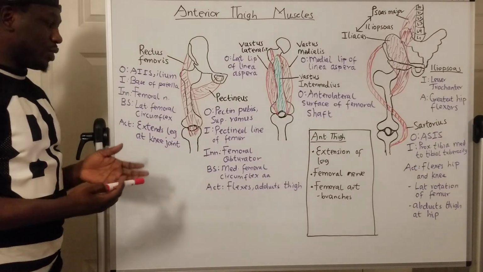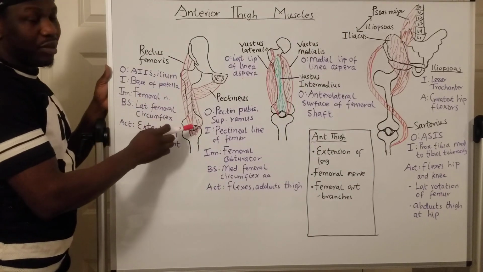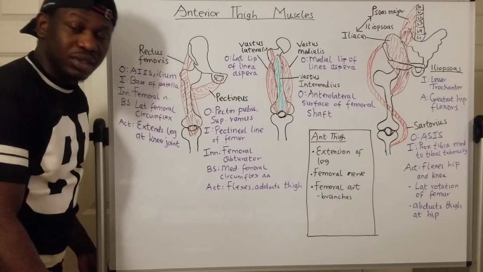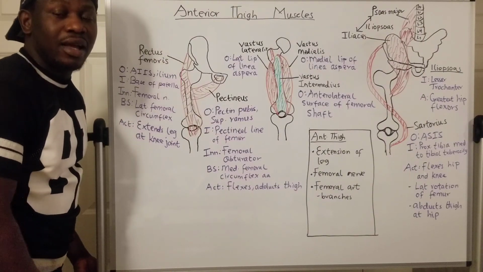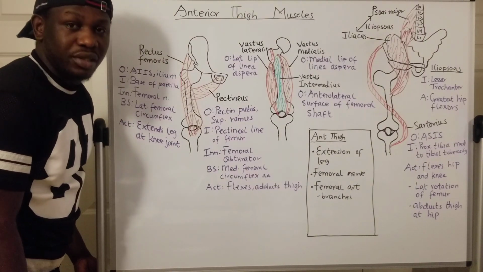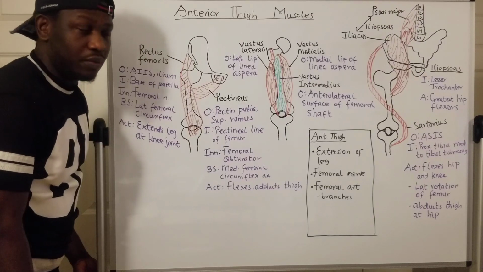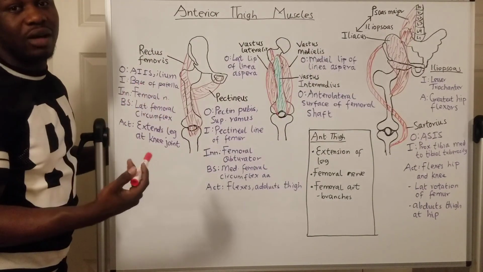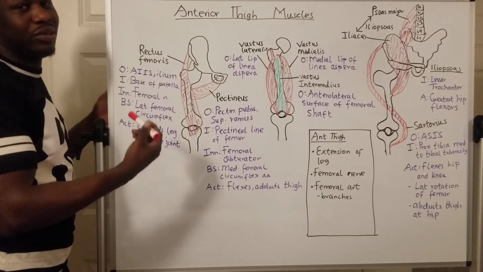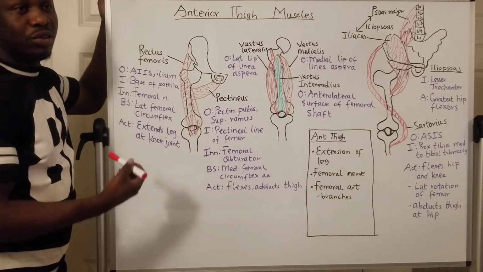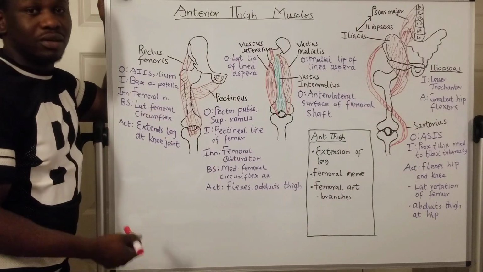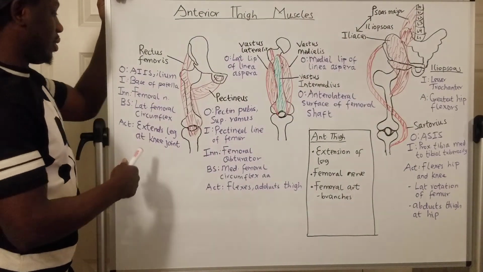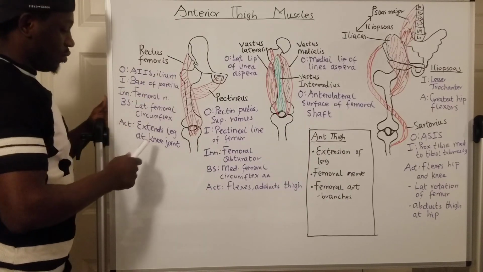So what's the nerve supply? So it's supplied by the femoral nerve. And remember guys, all the muscles in the anterior thigh receive their innervation from the femoral nerve. The blood supply is femoral artery, but in this case there is a branch of the femoral artery known as the lateral femoral circumflex artery, which provides blood supply to the rectus femoris.